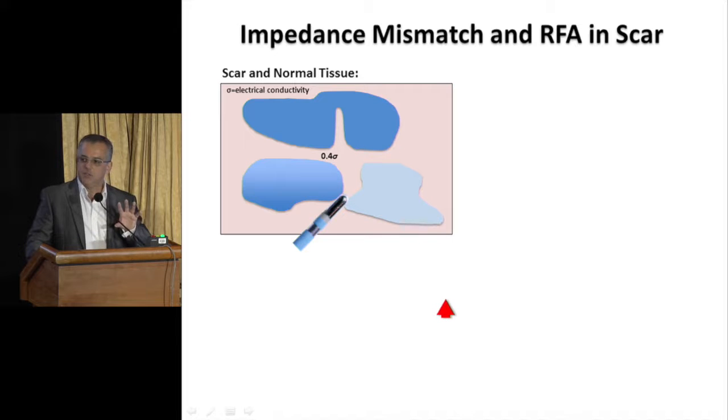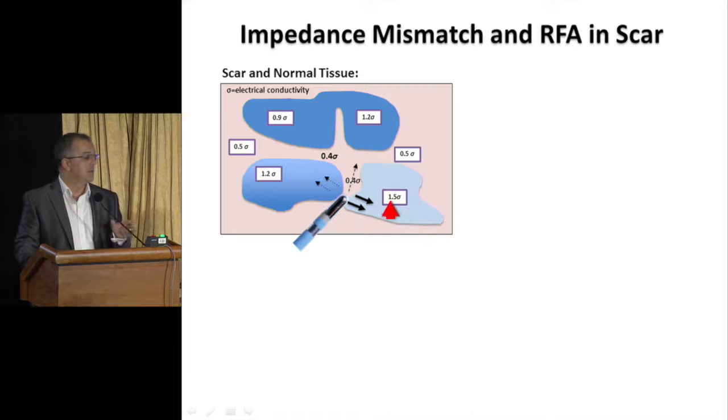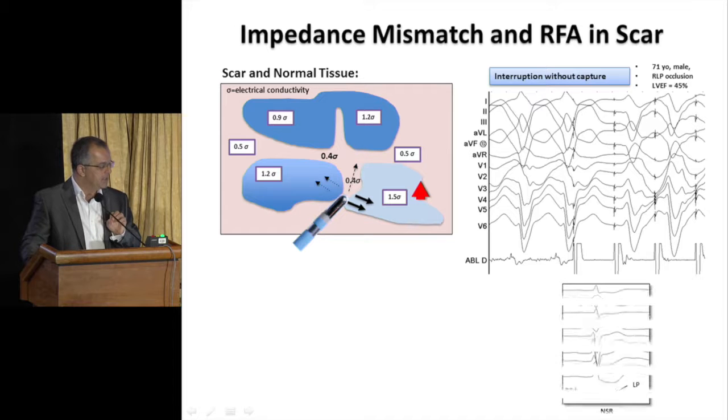Let me show you what we typically see, and let me see if I can explain that. So this is a potential substrate with areas with a very low electrical conductivity. So when I ablate, my current will possibly flow to areas with very high electrical conductivity, in other words, to areas with very low impedance. This can possibly explain this kind of case.